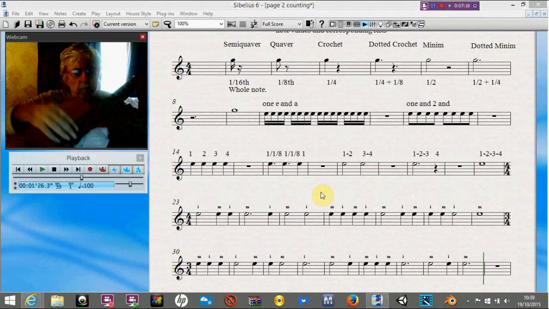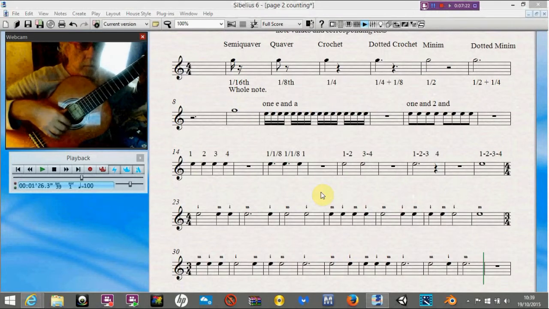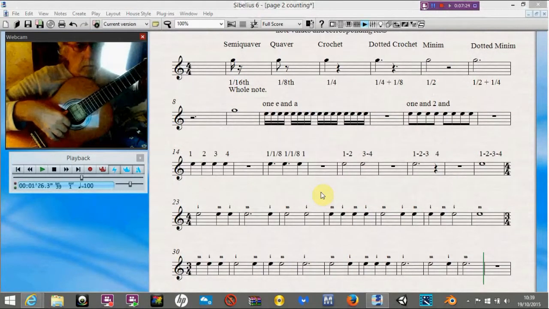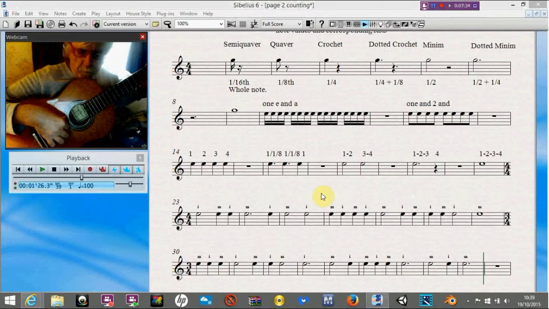Let's try and put that guitar up a little bit. Rest out on the second string.